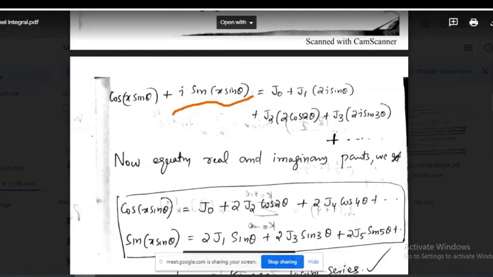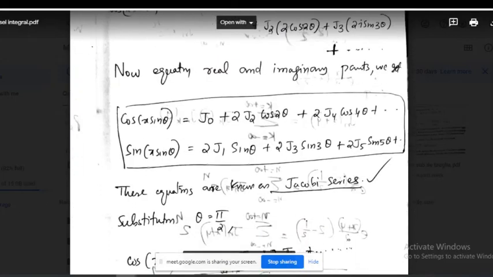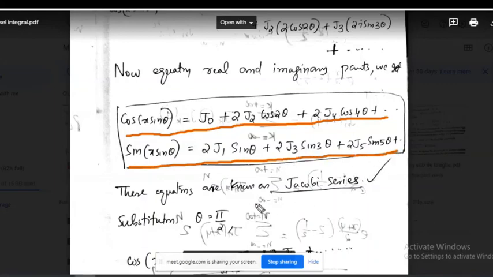So I equate the real and imaginary parts, giving cos(x sin theta) equal to J0 and so on, and sin(x sin theta) equal to this. These equations are known as the Jacobi series.